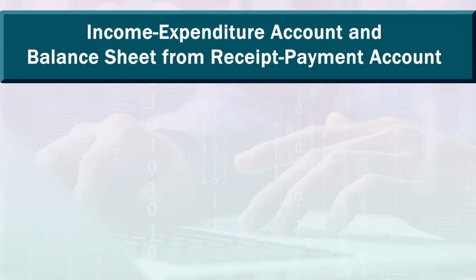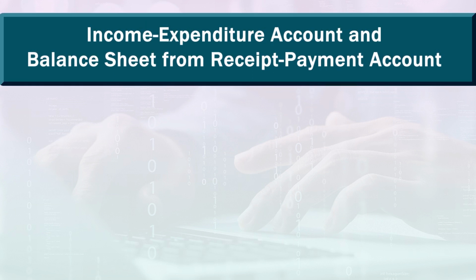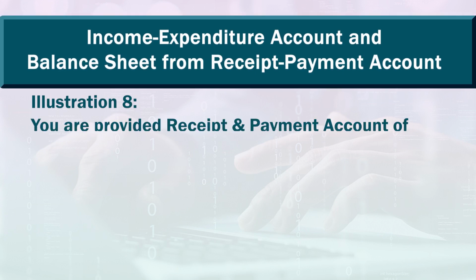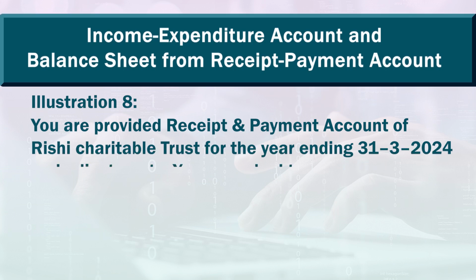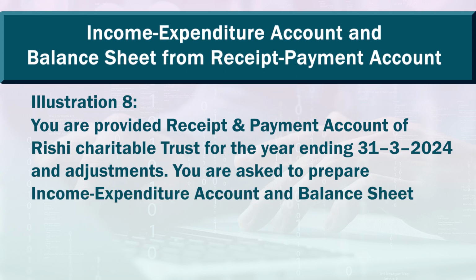Let us study another illustration on preparation of income expenditure account and balance sheet from receipt payment account and adjustments. Illustration 8. You are provided receipt and payment account of Rishi Charitable Trust for year ending 31/3/2024 and adjustments.